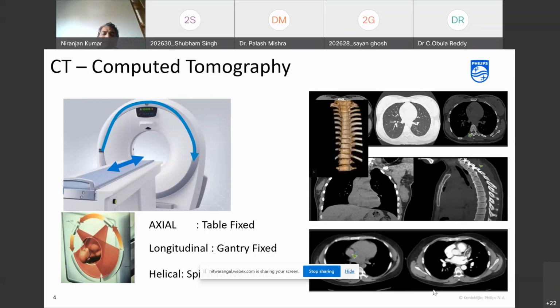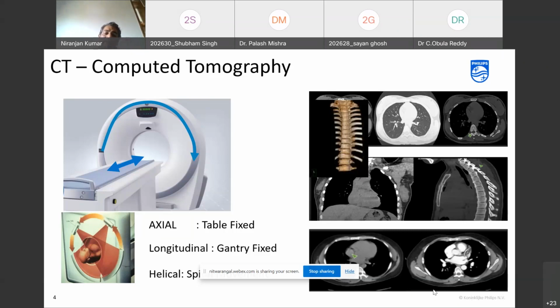Here we have to slice the human body, but you cannot physically cut the human body, right? The principle remains the same. We slice the human body through X-ray, and then stitch the slices together to see how the image looks. That's why it is called computed tomography: we are using X-ray, and there's a huge calculation behind it on the imaging side, where we stitch the image together.